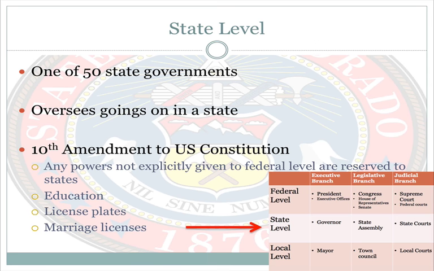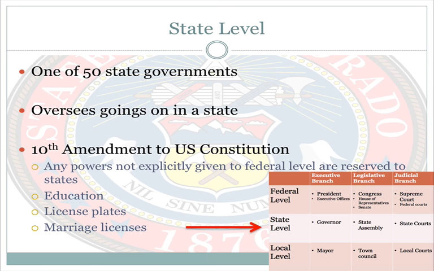So for example, education. As of this moment, education is still a state-controlled issue, although there are inroads from the federal level in the new concept called the Common Core, where basically the federal government is suggesting, hey, let's get all 50 state governments on the same page in terms of education. But at the root, education is still a state-level issue.